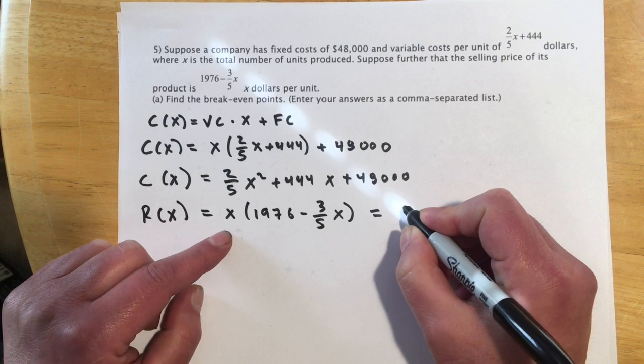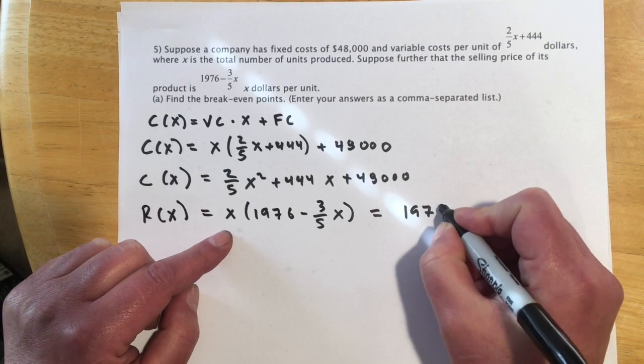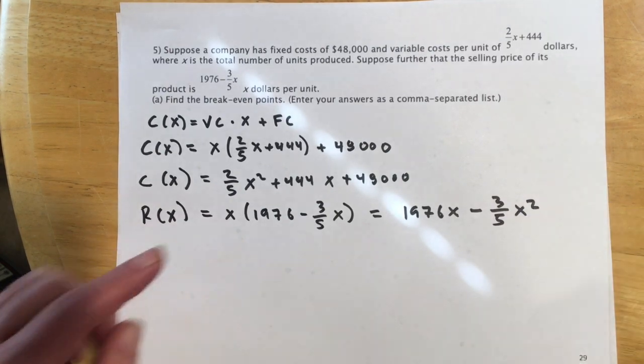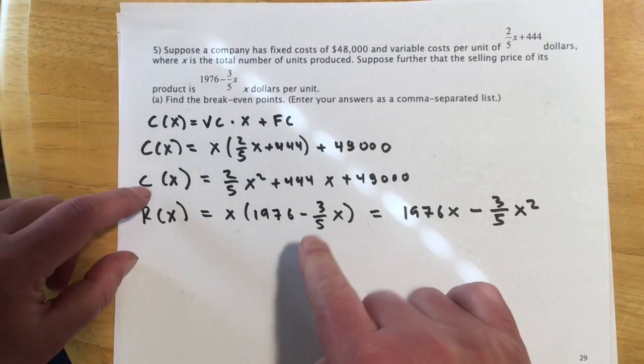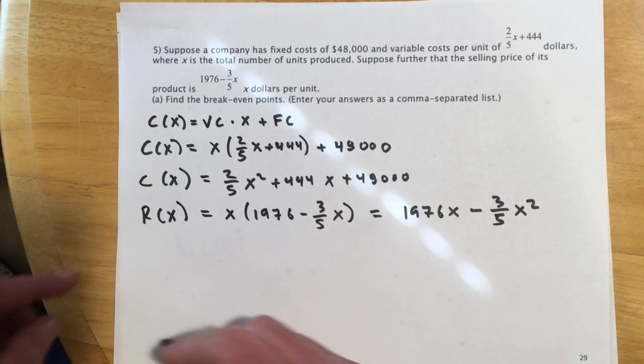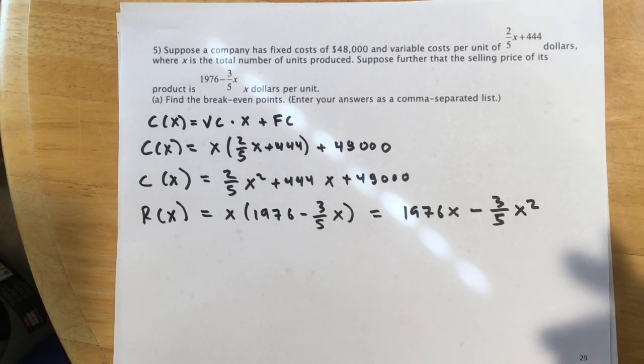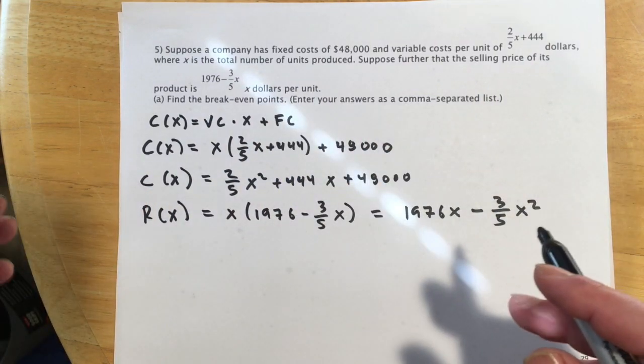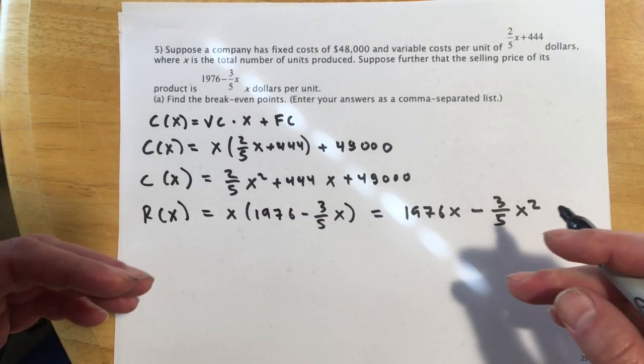And so that's going to be 1976x minus 3/5 x squared. So now I have a cost function and a revenue function, and I'll set them equal, because remember, we're looking for the break-even point, so that's where cost equals revenue. So we'll set them equal and then solve that.